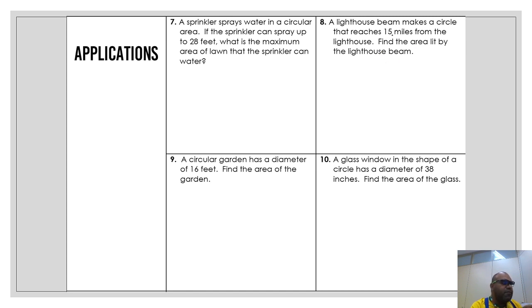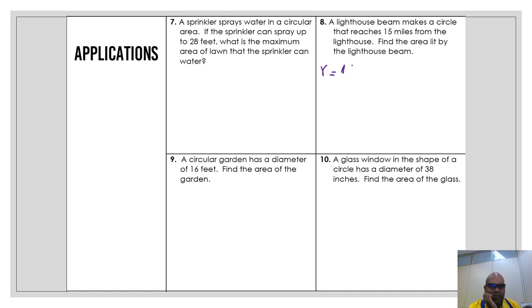This one, 15 miles, guys, just for you to understand this one, I will explain how we can figure out this situation. Important, guys. What do we have here? As I told you, we have the lighthouse, and here 15 is the radius.